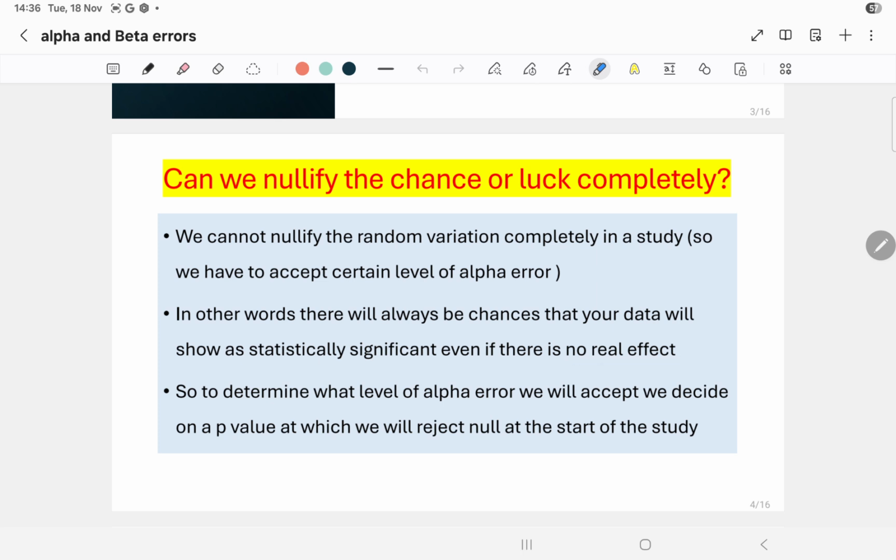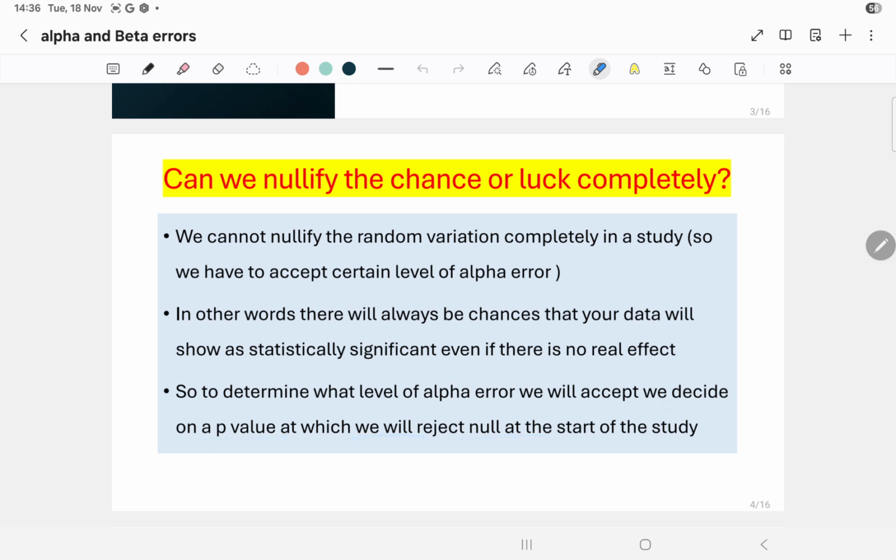So we have to accept a certain level of alpha error because we cannot nullify the chances completely. So we decide on the p-value. The p-value measures alpha error. The p-value, which we discussed in the last video, is a measure of alpha error. So we decide on a p-value at which we will reject the null hypothesis.